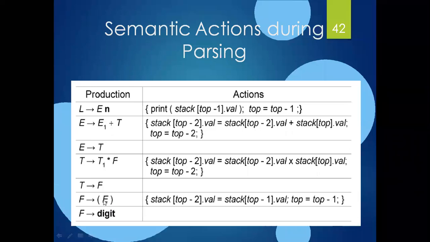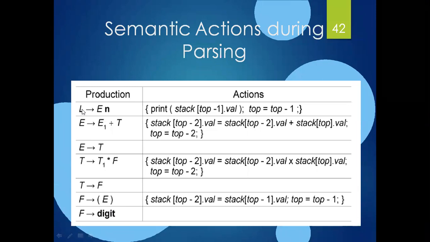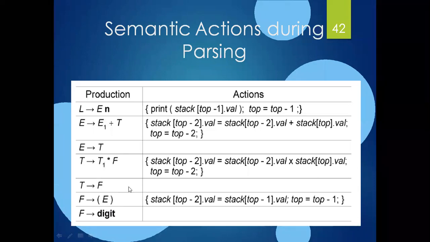Is it clear now? So to get the value of L, which is the starting node of the given grammar, I need to compute E, then T, and then F. The F value is assigned to the T, the computed value for the T is assigned to the E, and the computed value for the E is assigned to the L. Did you get it?